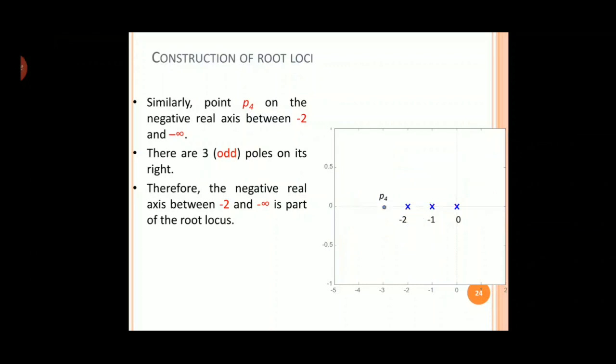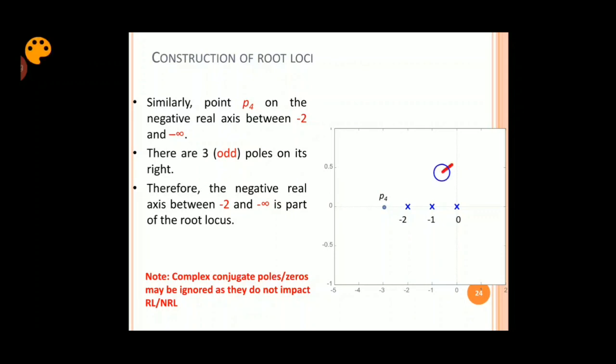As a next step, one more thing to note here is the complex conjugate poles. In this case we have taken all our real poles. In case there are complex conjugate poles, then we need not consider them. Why? Suppose there are complex conjugate poles here, one above and one below the real axis. For the same P4, to the right of it, there are 3 poles.